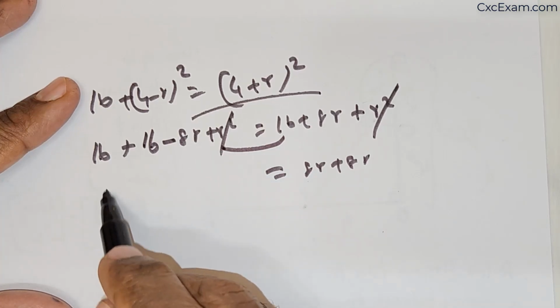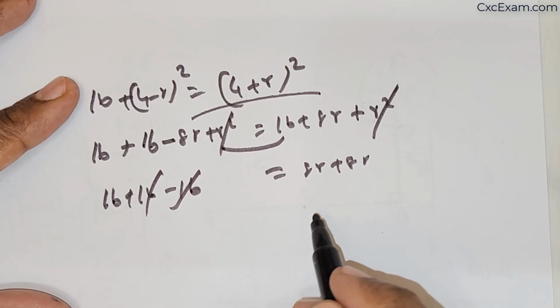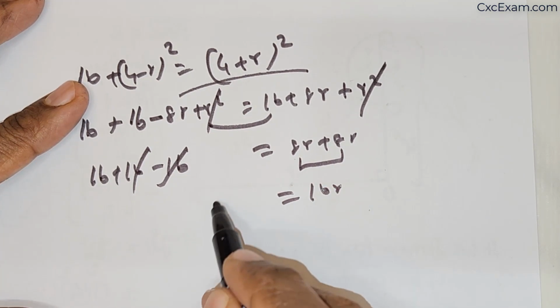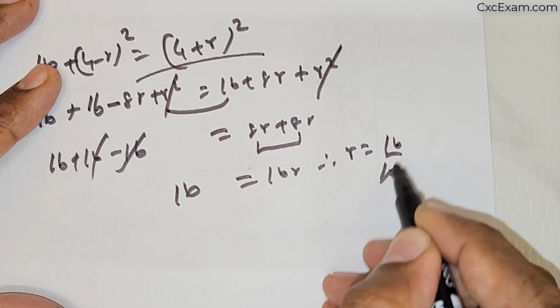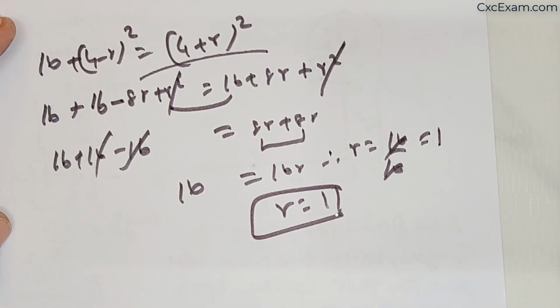Move 16 to this side, 16 minus 16, they get cancelled. So this is going to give me 16r is equal to 16. So therefore r is equal to 16 over 16, which means r is equal to 1 unit. Okay, I'm just checking if everything is fine. Okay, that appears to be right. So r is equal to 1 unit.